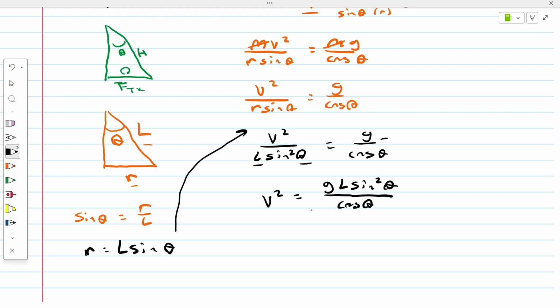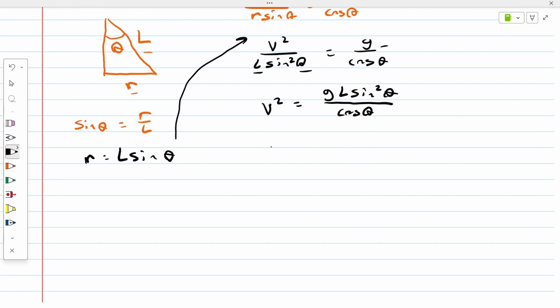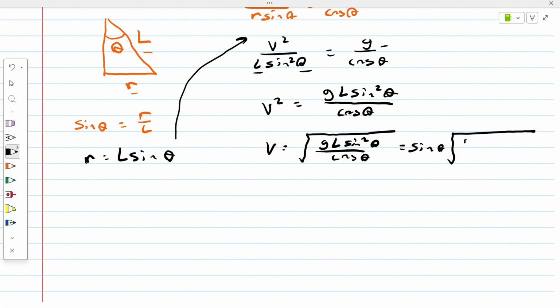If we take the square root of both sides, we get that v equals the square root of gL sine squared theta over cosine theta. So that would be our final answer. We could also pull out the sine theta to get rid of the squared inside and say sine theta times the square root of gL over cosine theta. And this would be our final answer.